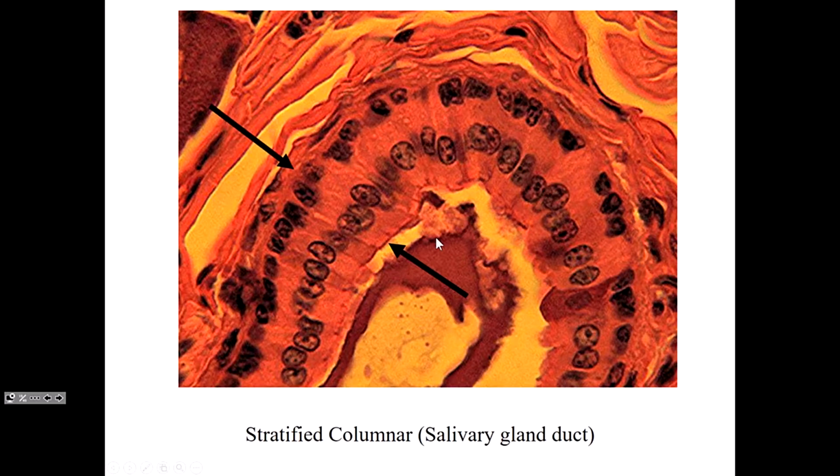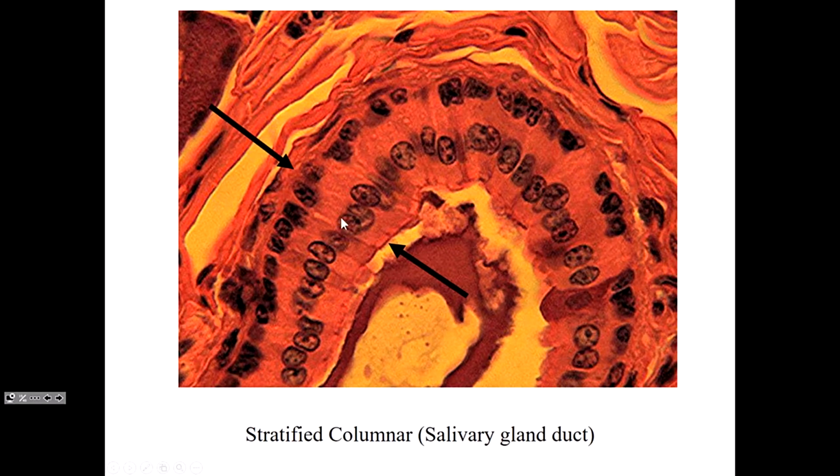Okay, stratified columnar, from the salivary gland. So here's the basement membrane here, bounding the perimeter of this epithelial sheet. Here's one layer of cells, based upon the nuclei, a second layer of cells. And the layer of cells furthest away from the basement membrane, these cells are columnar, okay, elongated.